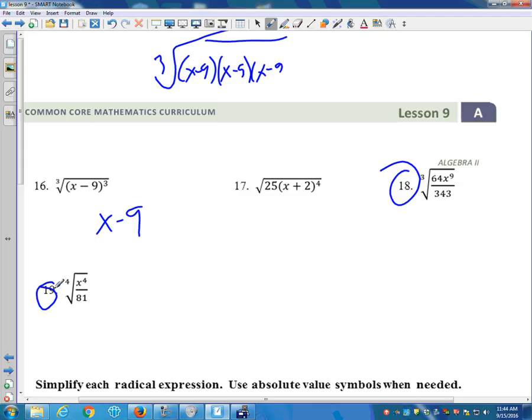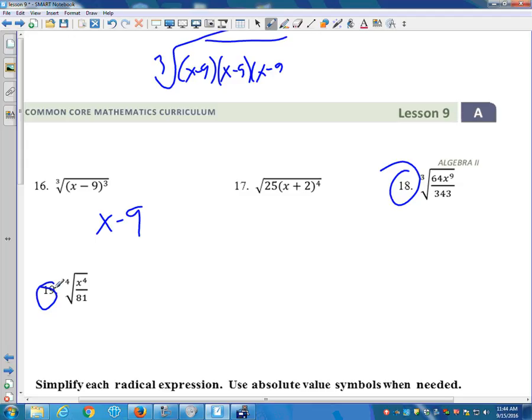So would you just leave it as like 64 over 343? No. I want the cubed root of each one. What's a cubed root of 64? 4. Okay. What's a cubed root of x to the 9th? Yes.